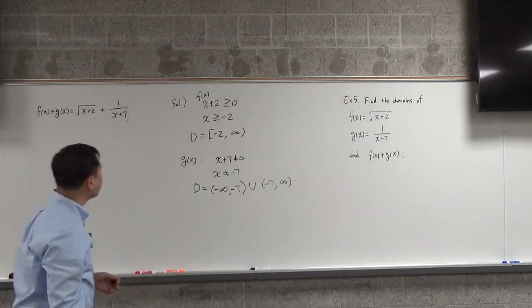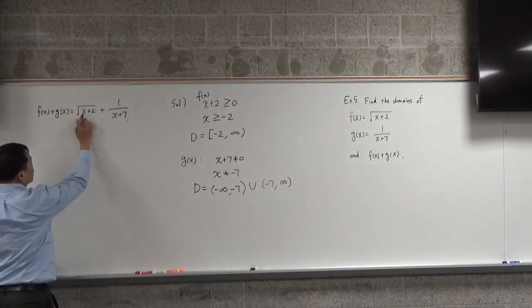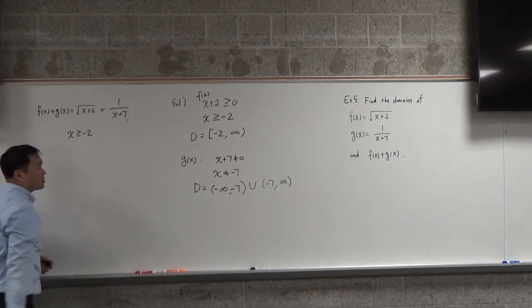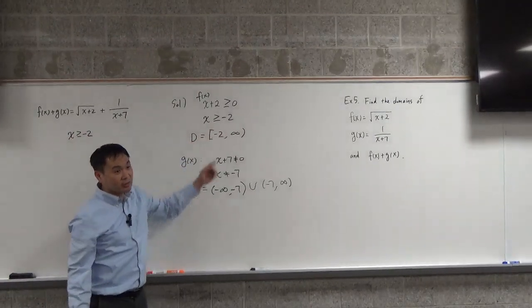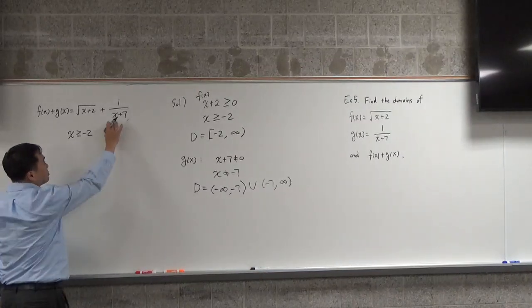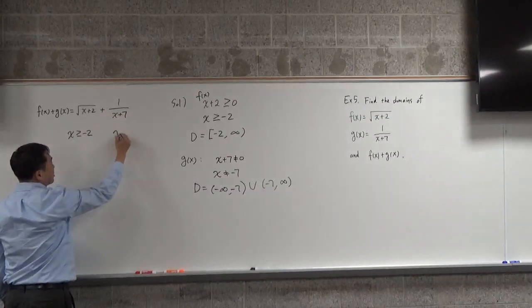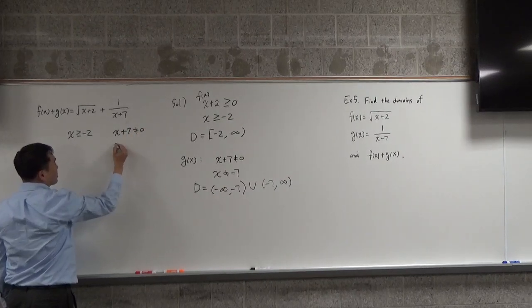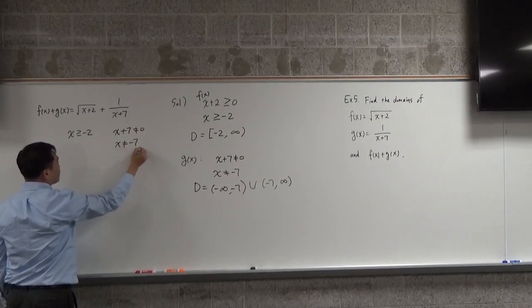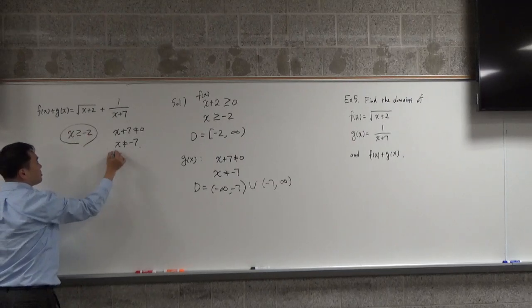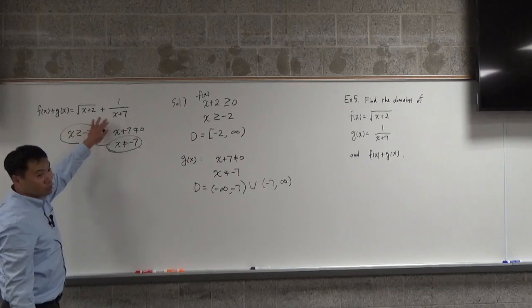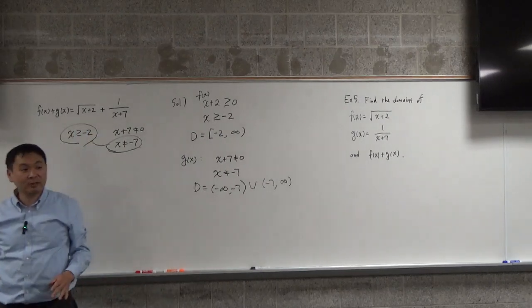One requirement is that for this to be defined, you need x to be negative 2 or greater, right? Just like here. Now, for this to be defined, what do we need? X plus 7 cannot be 0, so that x cannot be negative 7. And both of these requirements must be satisfied in order for this function to be evaluated. Do you agree?